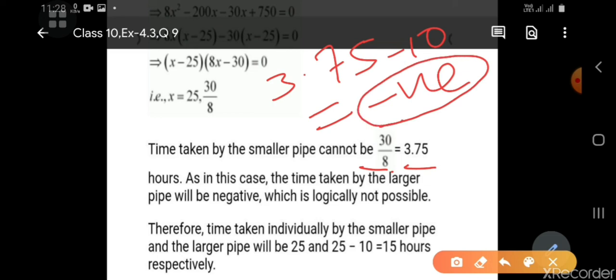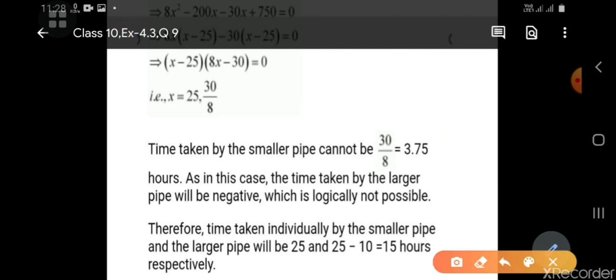So the value of x will be 25 hours, and if the smaller pipe takes 25 hours, then the larger pipe will take 10 hours less, so it will be 15 hours. In the other case the time taken by the larger pipe would be negative, which I have already shown you. Time cannot be negative, so it is logically not possible.